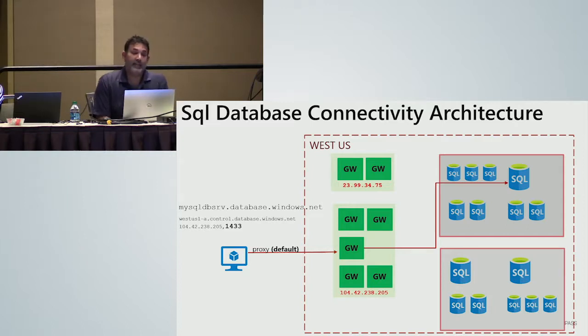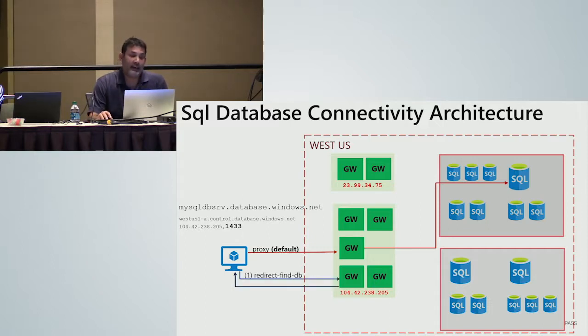And the gateway then routes that connection to a backend database. And the backend connection is not visible to the client. This is proxy mode. The connection policy of proxy will do this. Every connection goes through the gateway, and every round trip actually goes through the gateway to the database.